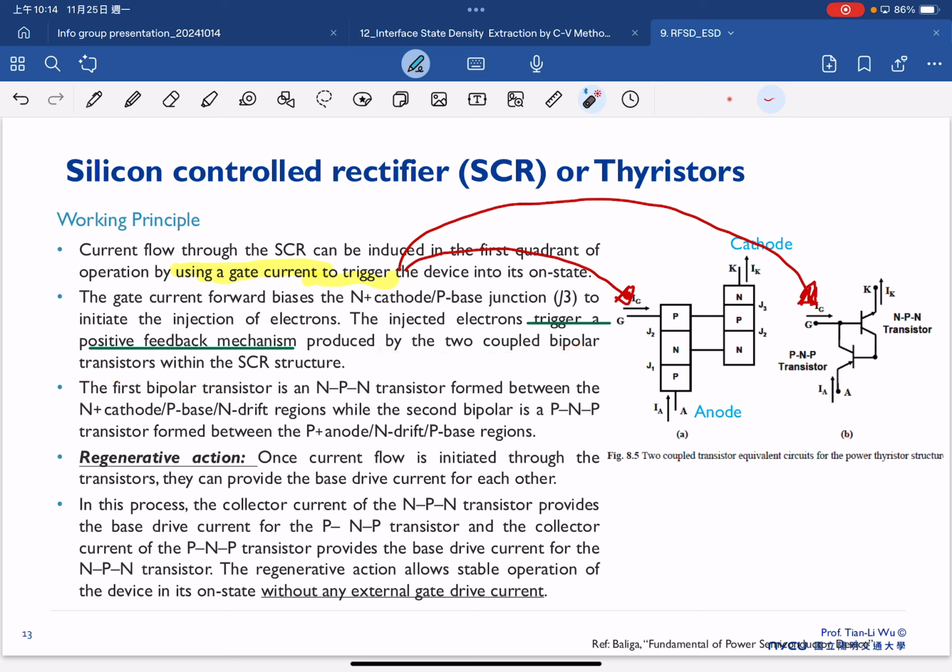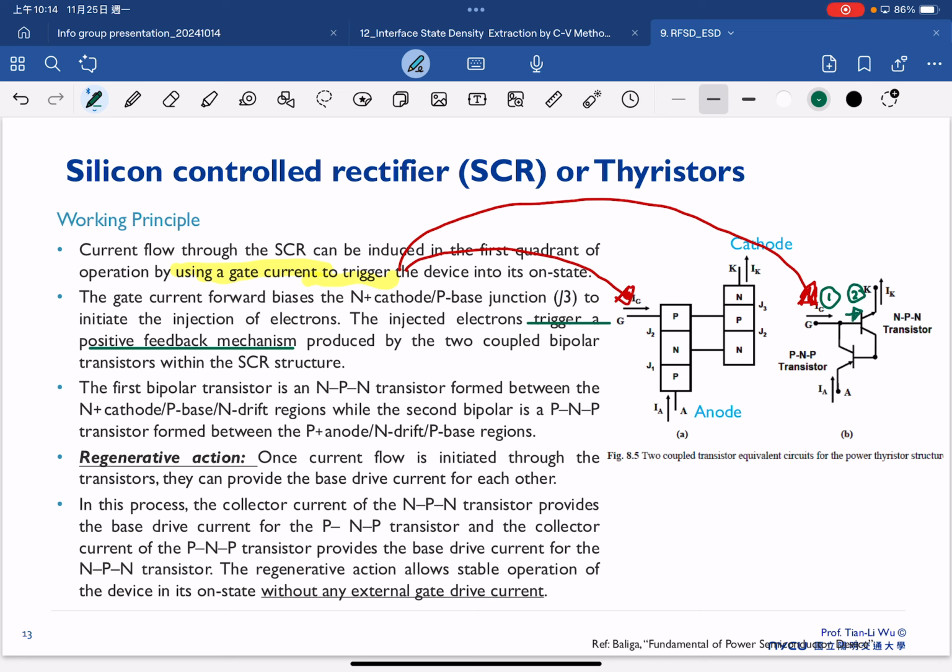So the first stage is we have the gate triggering current, and it will forward bias this junction J3, and therefore this gate current will flow to this region.